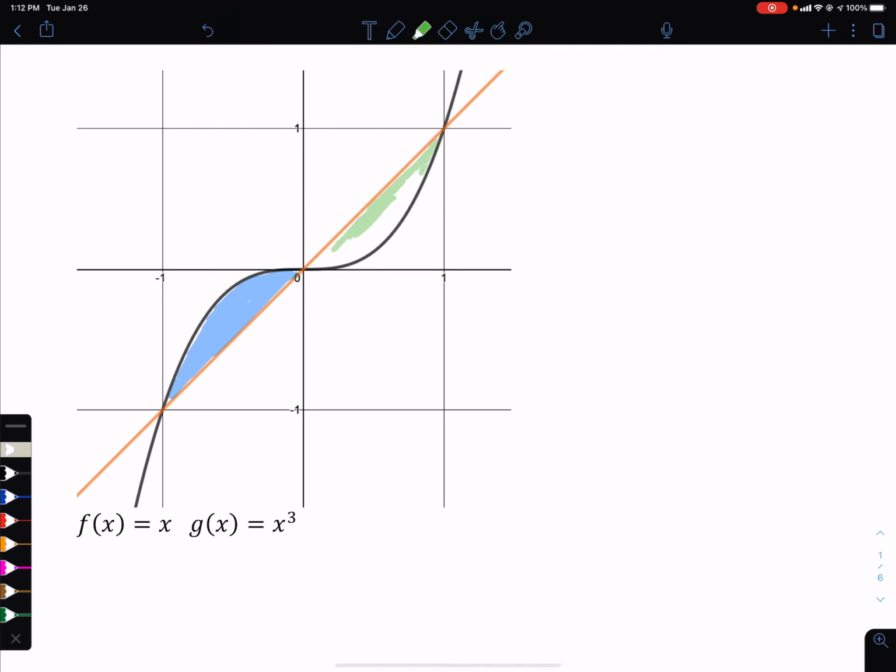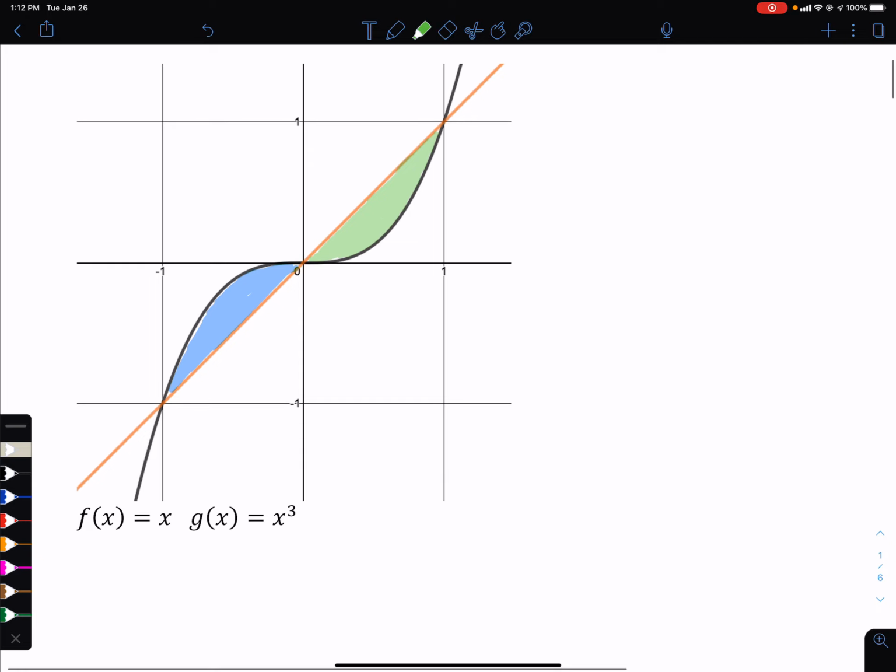There's a difference between these two because you'll notice the one I'm shading right now, the gold function is on top and the black function's below. But if you look at the other function, the blue section, the black function's on top and the gold function's below. And so when we're finding those areas, we have to do it in two separate integrals.